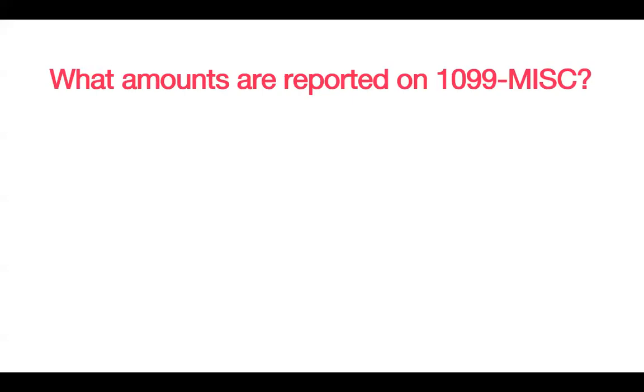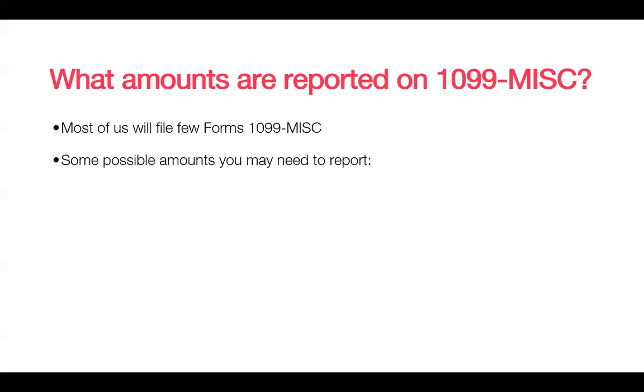And it wasn't to protect any innocence. So what do we report on a 1099 miscellaneous? You're not going to have many of these to do, but there are some amounts that you may need to. If your clients pay contractors royalties, or they're paying rents to an individual, sole prop or a single member LLC, and they're not using a management company, then you might be reporting rents.